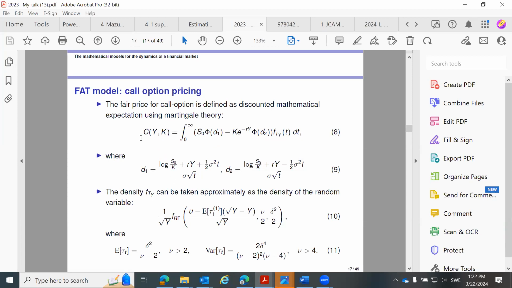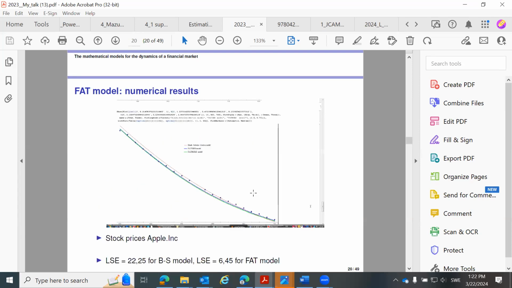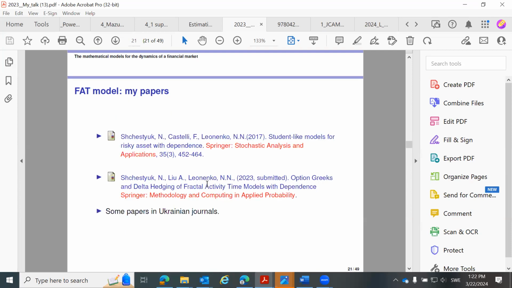After that, we compute the formula for the fair price of a call option, and we find the correlation structure, model it, and compare it with real data. And it is my paper about this model.